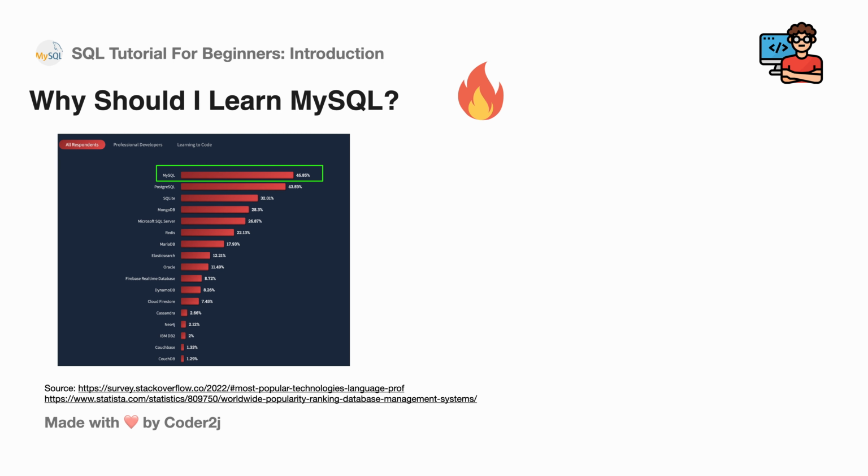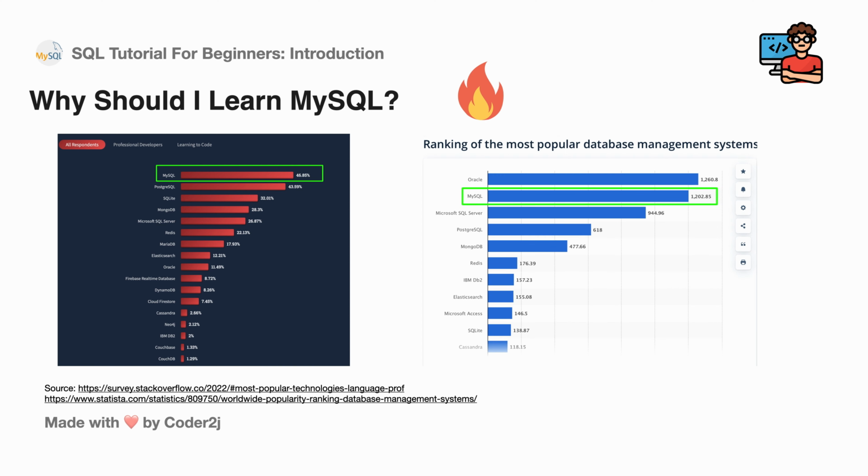According to the 2022 Stack Overflow survey, MySQL is the number one user favorite database management system, and Statista's report shows MySQL has the second largest database management system market share and the number one market share for open source database management systems.